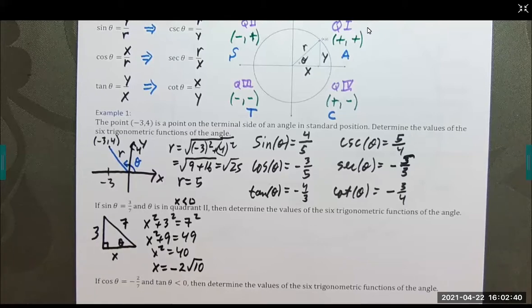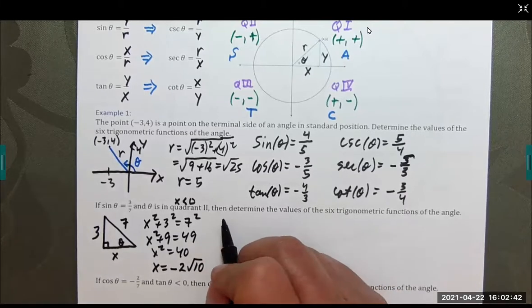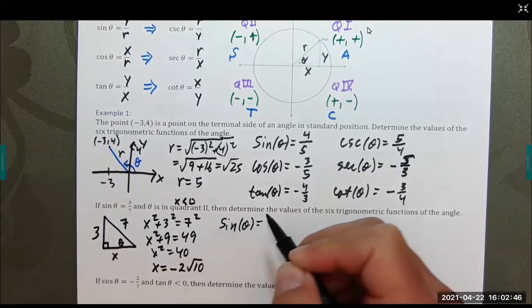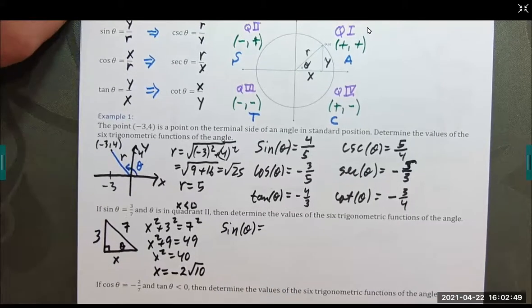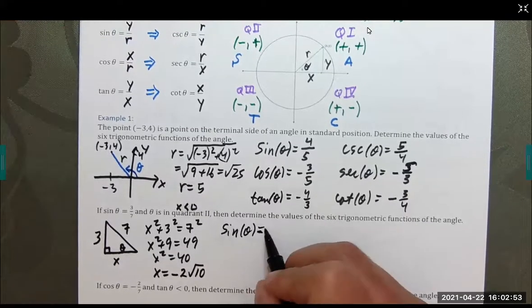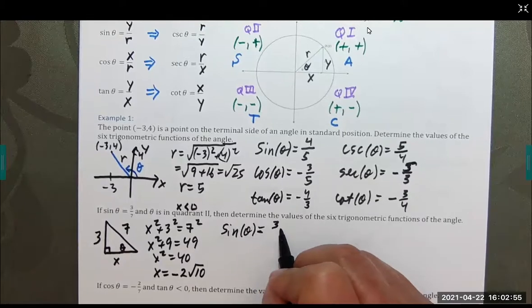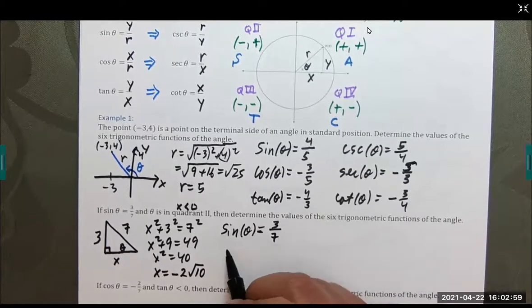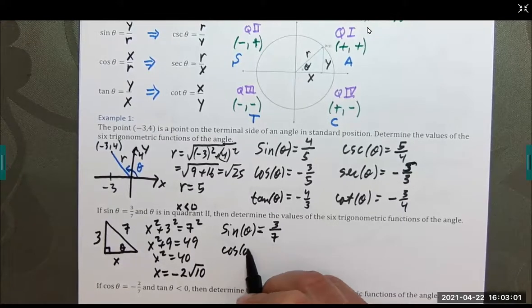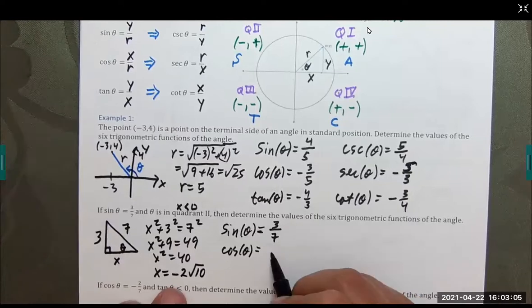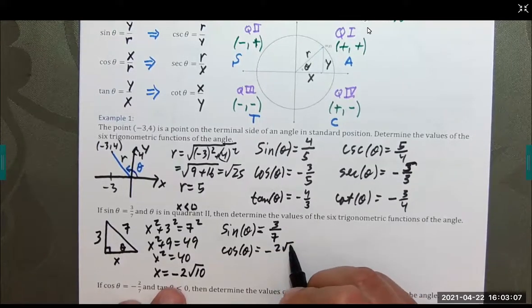So now that we have that, let's do sine of theta. And just barely cutting it off, we can see sine again is y over r. Y in this case is 3 over r, which is 7. Cosine of theta is going to be x over r. So that's going to be negative 2 root 10 over 7.